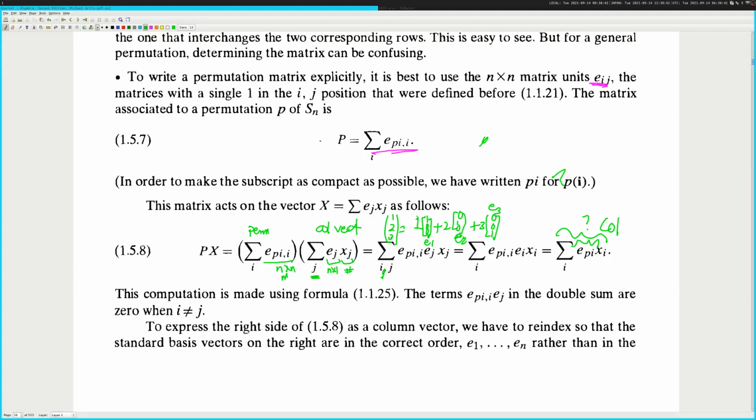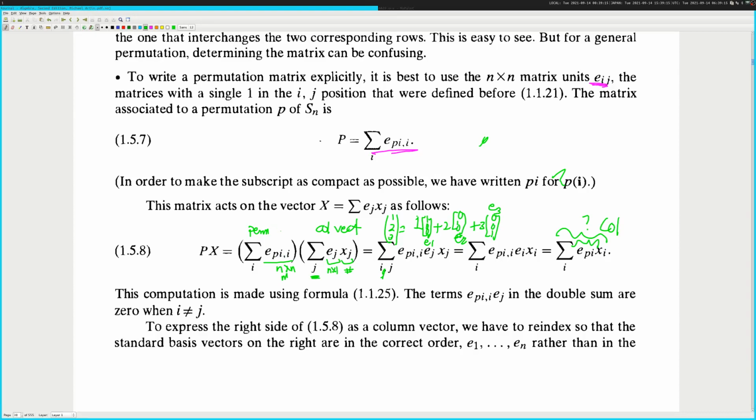So this E_{P(i),i} is a matrix that has a 0 everywhere except for in the (P(i), i) row-column pair.